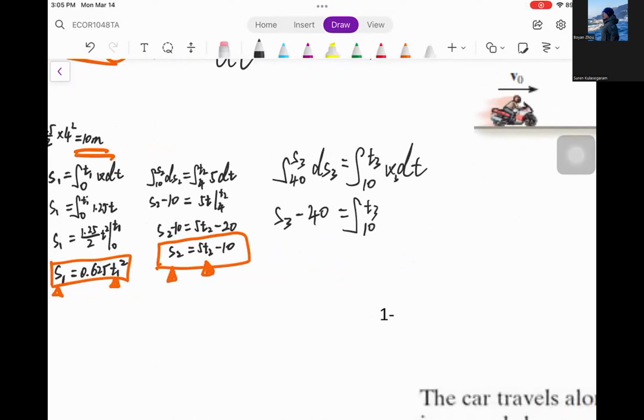V3 over here is the long one, negative t plus 15 dt, and doing the integration, the right hand side is what it is going to be.